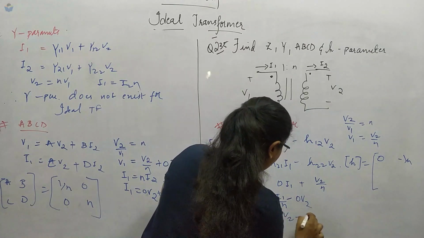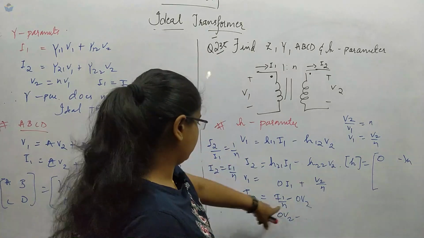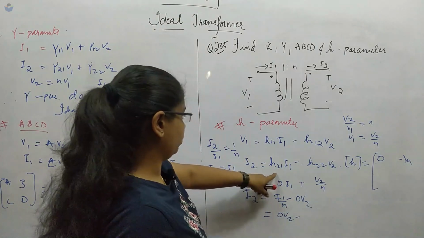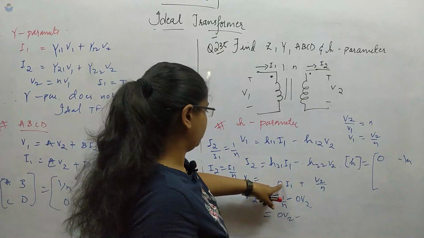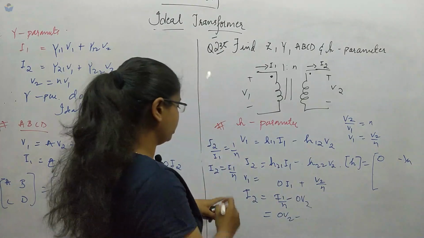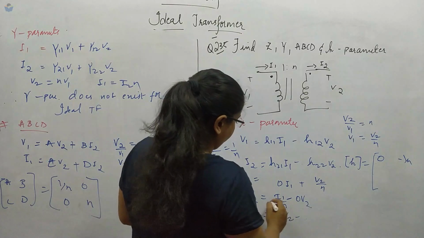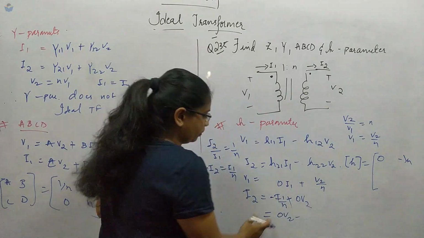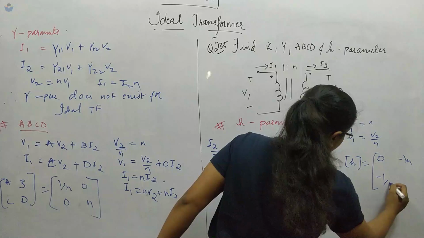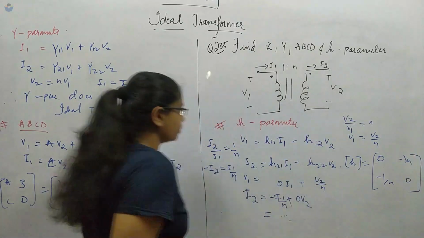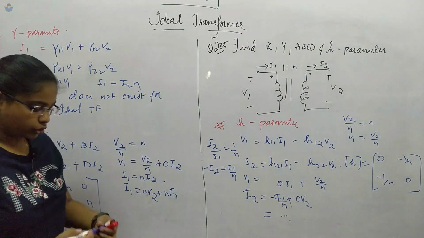Here only we will have the minus sign, so this will be plus and this is minus. So we have here minus 1 by N, 0. Okay, so this is the H parameter for this question.